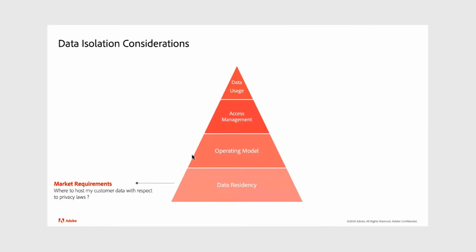An AEP instance can be in one data center that is in one region. If there are certain needs for hosting data in the US, for example, or EMEA, it's also possible to create a second instance of Adobe Experience Platform in a different data center. But those two data centers will remain fully isolated from each other. And that's our first level of isolation that we can support.